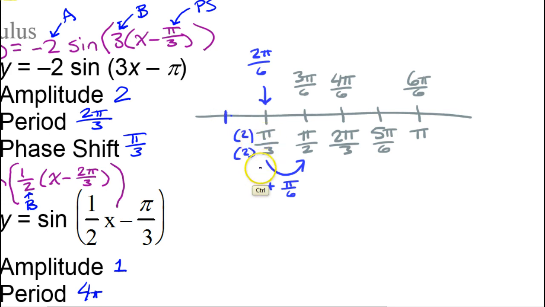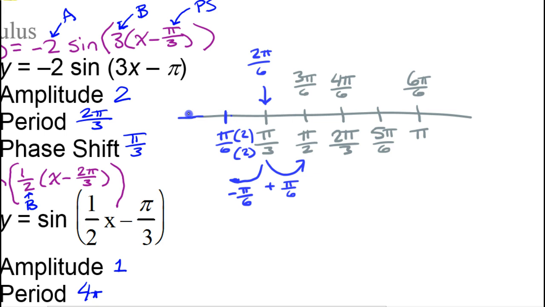Now going to the left from here, I need to subtract pi over 6. So remember, this is 2 pi over 6. If I subtract 1 pi over 6, that would be pi over 6. Okay, that tells me I need another mark over here.